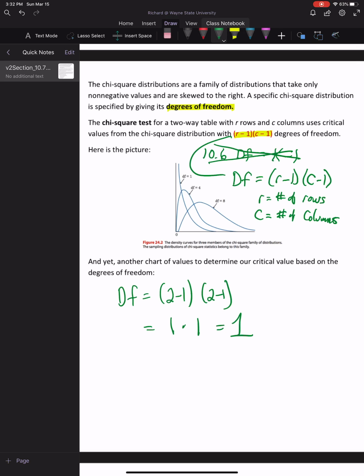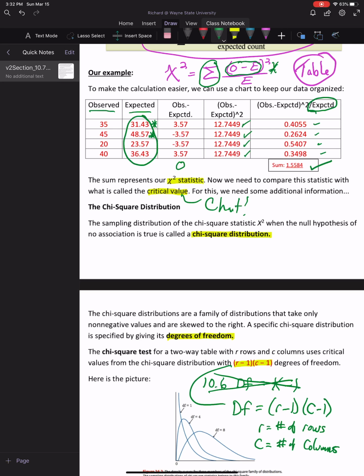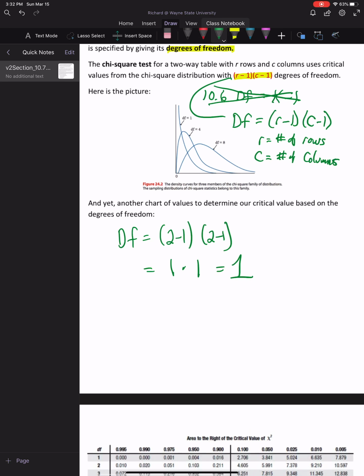On a quiz, test, or homework, we could give you a larger chart and ask you just to compute the degrees of freedom, and that's not bad. You just have to make sure you count the number of rows and columns. But to run the computation for the test statistic, this chart would be very, very large. So we have to be careful.